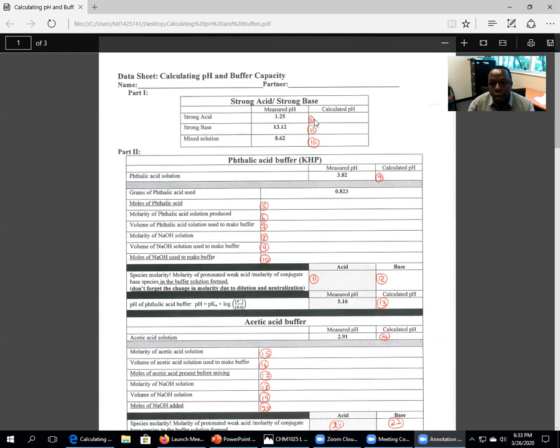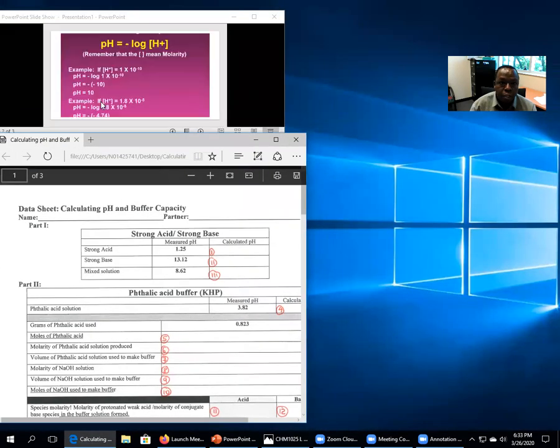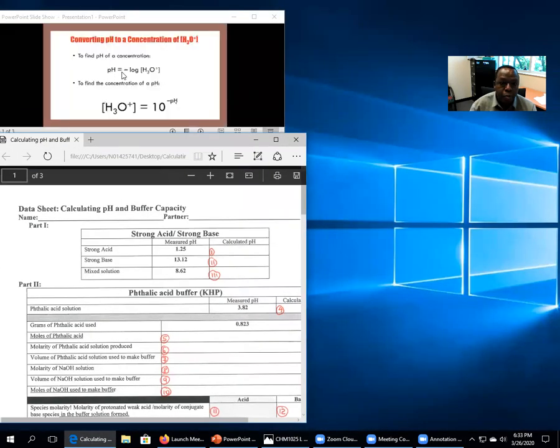Now, in the data, item number one here is the calculated pH. How do you calculate the pH of a strong acid and a strong base? You know from the equation here, pH equals negative log of hydronium concentration.